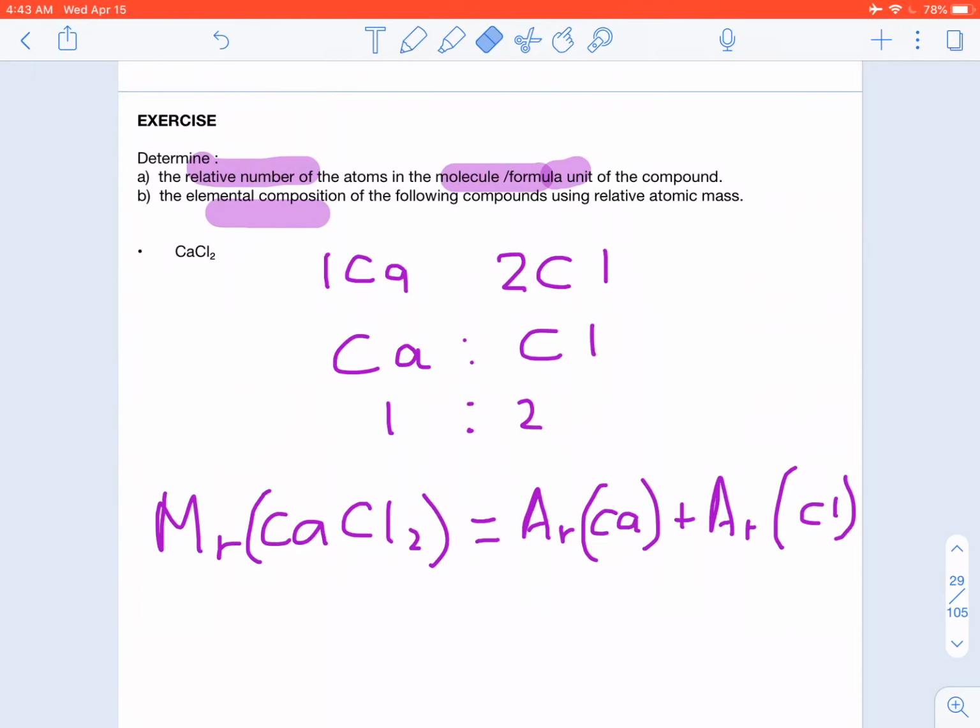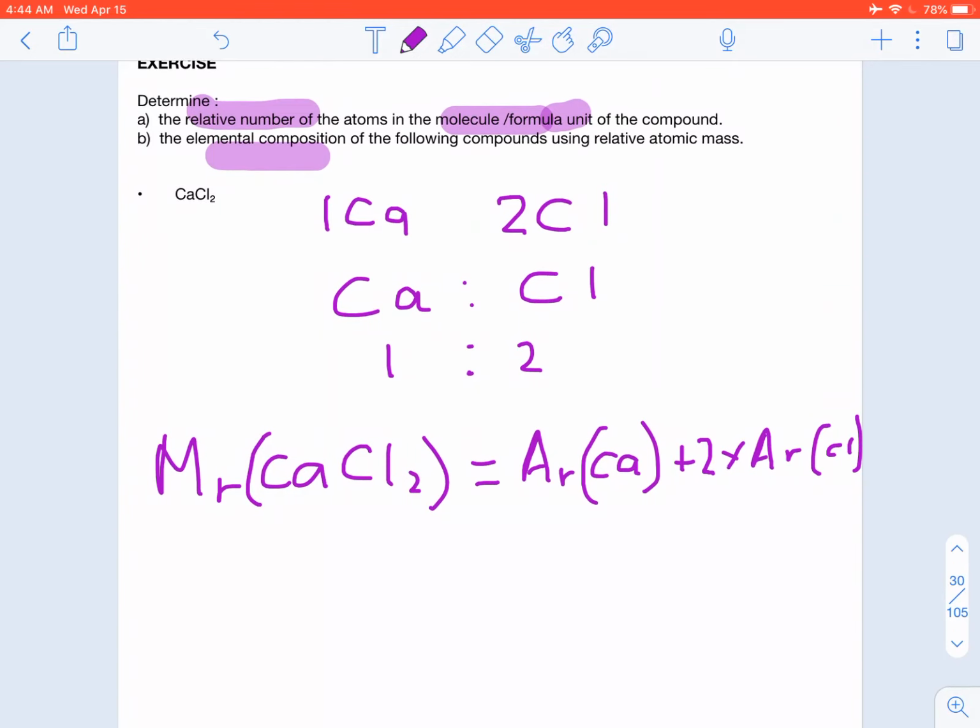Now let's just do this properly. Since we have 2 atoms of chlorine, it will be 2 times the relative atomic mass of chlorine.